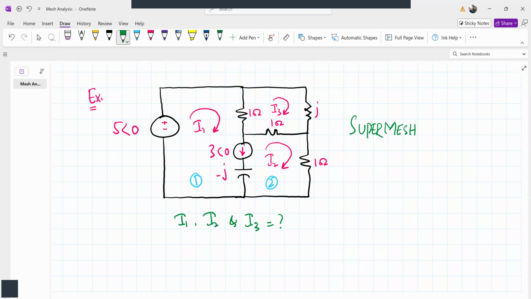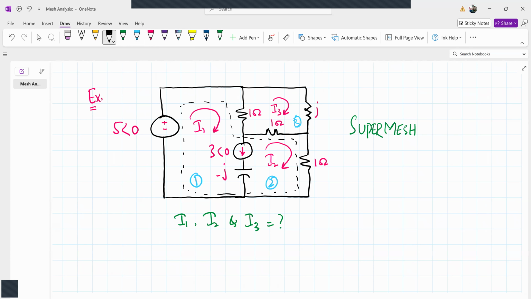Means we consider these two or more meshes as a single mesh. So we'll assume that mesh 1 and mesh 2 is a super mesh and apply the KVL for the super mesh like this, assuming this is a single mesh.